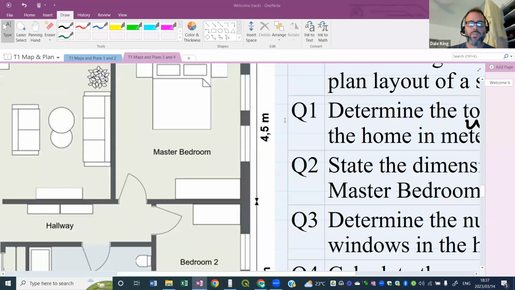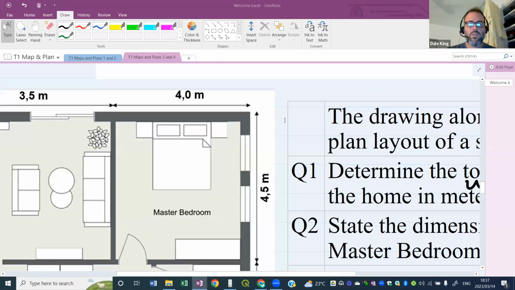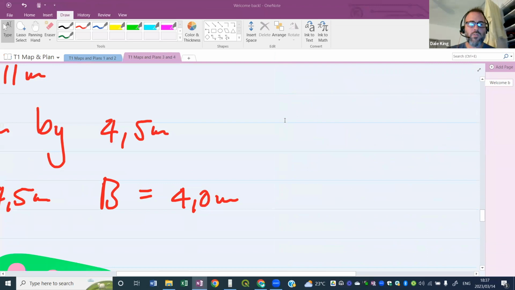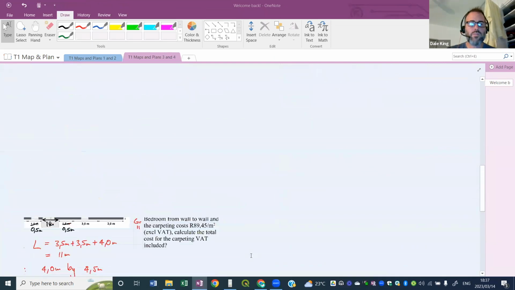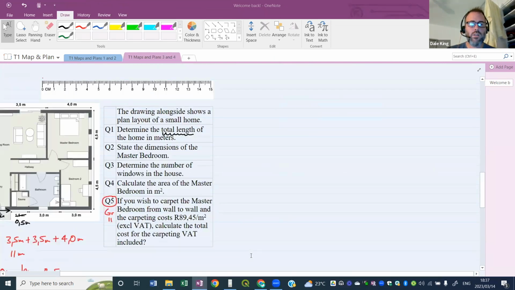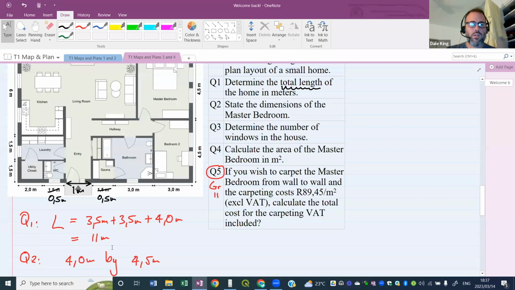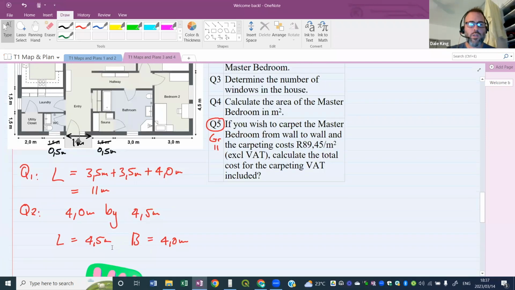Calculate area. We know what the dimensions are of the master bedroom. They've referred to them before. I'm going to zoom out a little bit now. Question 2 referred to the dimensions of the bedroom. So over here on the side, I'm going to do this question.